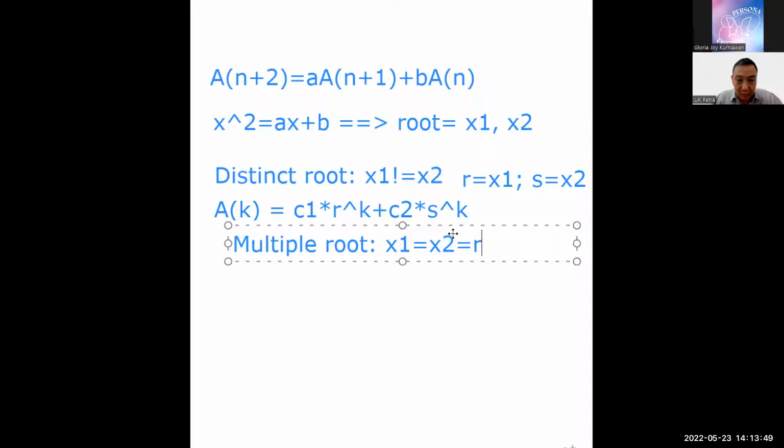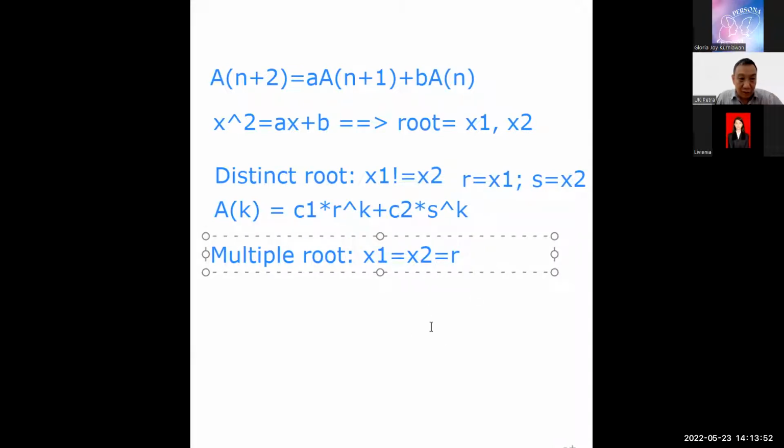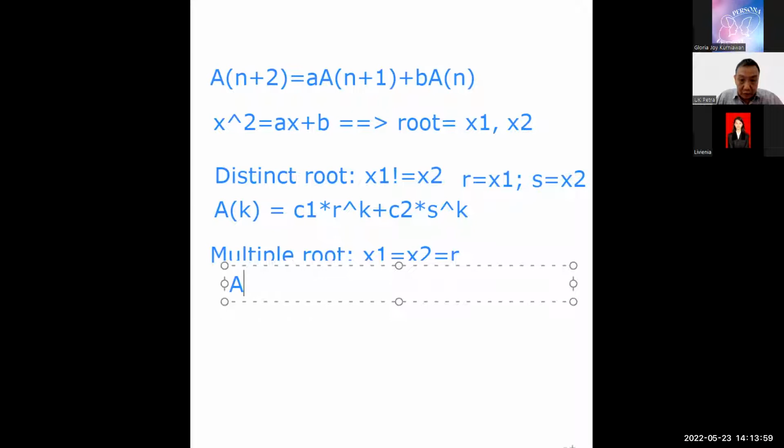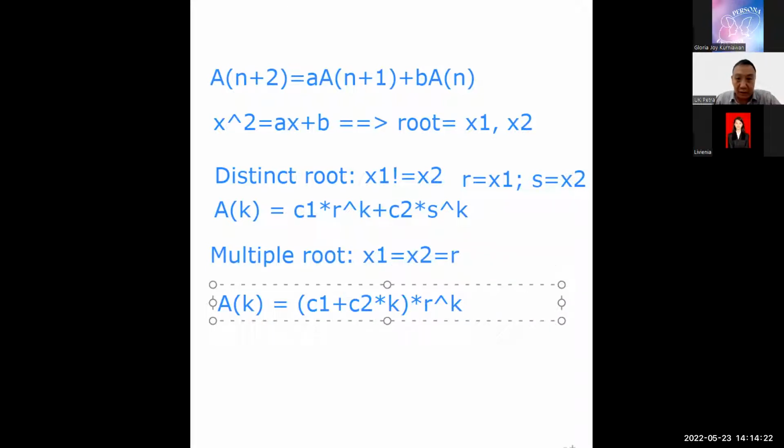In that case, your solution is a k equal to C1 plus C2 times k, times r exponent k. So these are the summary.